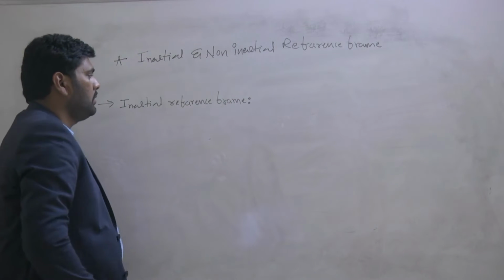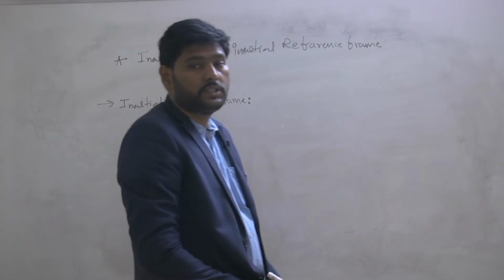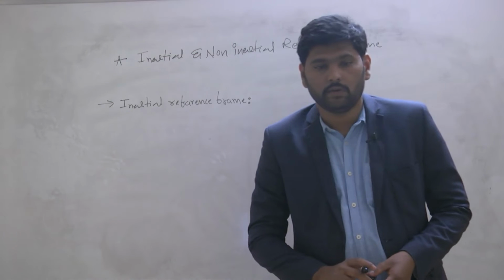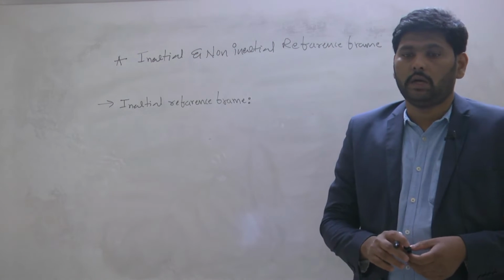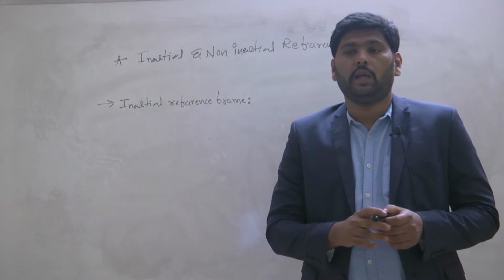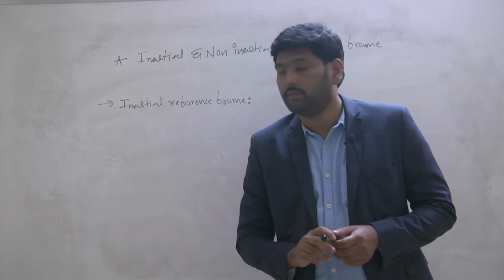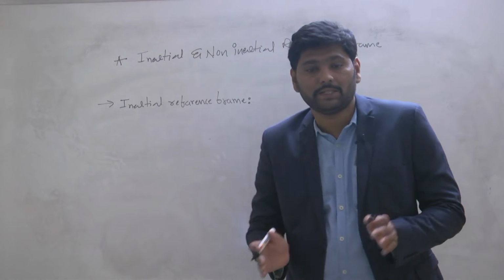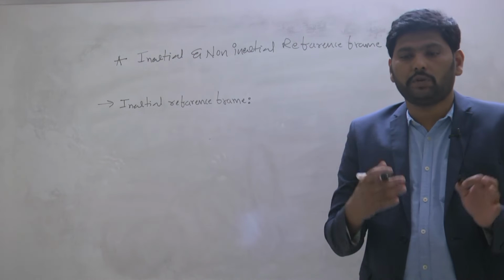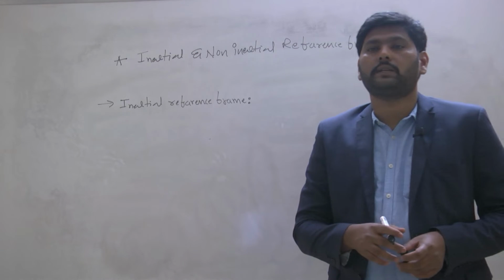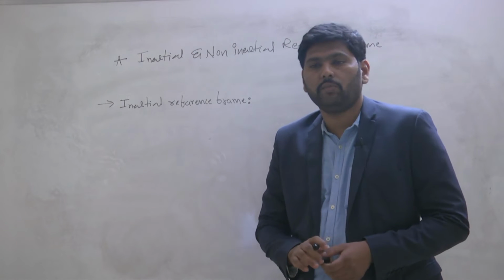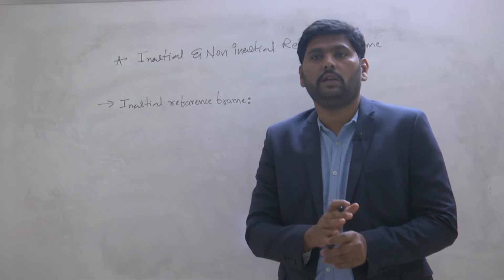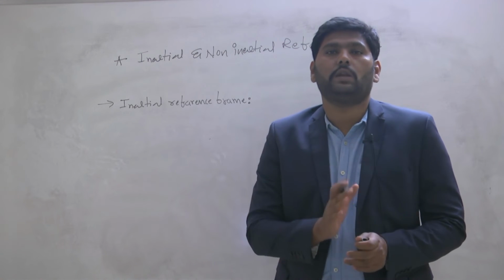What is meant by inertial reference frame? An inertial reference frame is a frame of reference in which Newton's laws are valid, and it has zero acceleration. The frame whose acceleration is zero, that kind of reference frame we call an inertial reference frame, in which Newton's laws are valid.